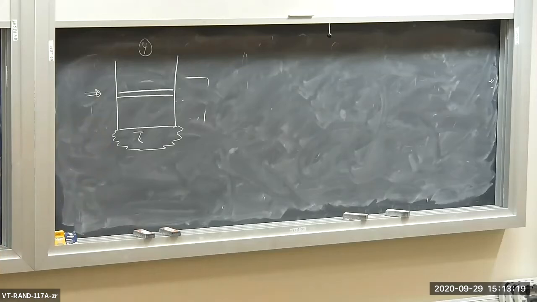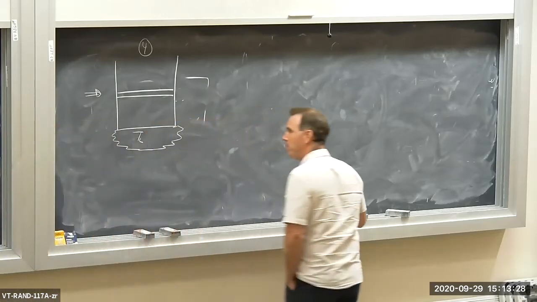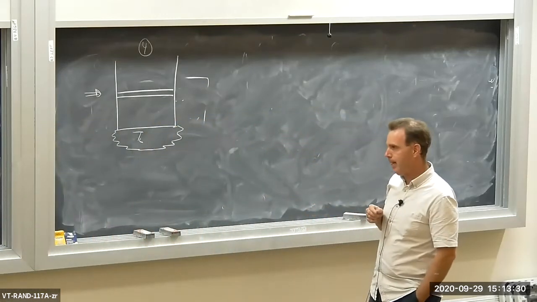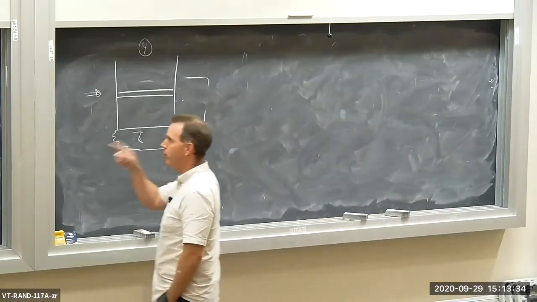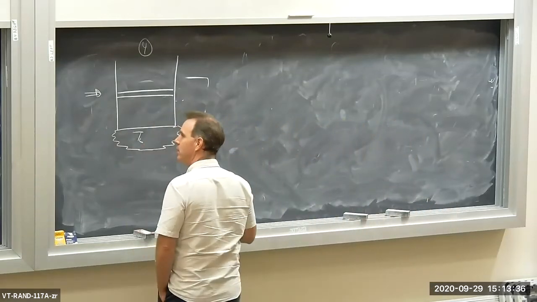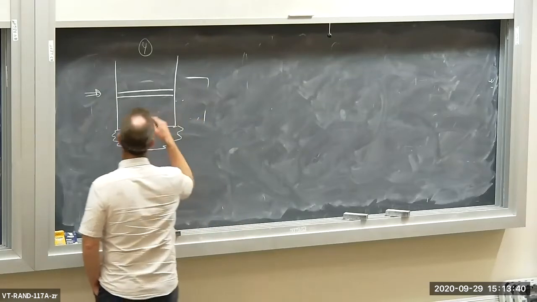So remember, T3 is equal to TL. And I'm going to put it in contact now with a low temperature reservoir. Okay? And from 3 to 4, I'm going to squeeze it down.